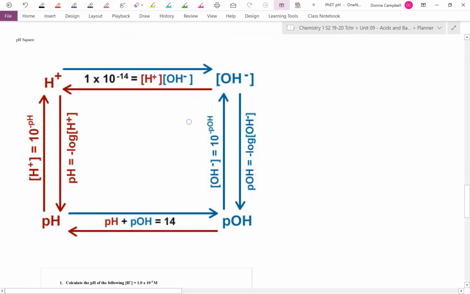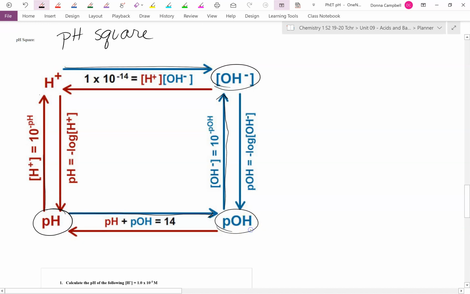So, how to navigate from one to another. This is called the pH square. And if you are given pH and you need to go to the OH minus concentration, you have two ways to get there. You can follow this path across and then up, or you can go up, then across.